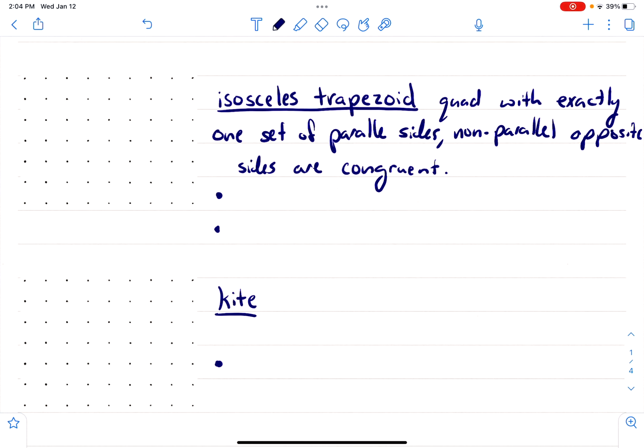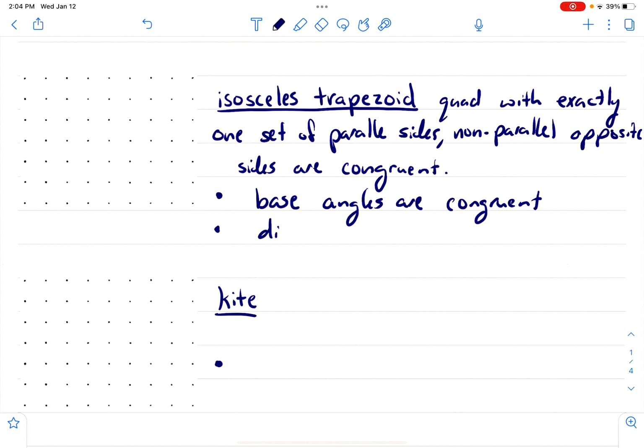All right. Special information is, well, the base angles. The base angles are congruent. And the diagonals are congruent. Okay. All right. So to draw this, I'm going to connect a few dots. And then I'm going to go down below that and connect more dots, but I want it to be an even number more.